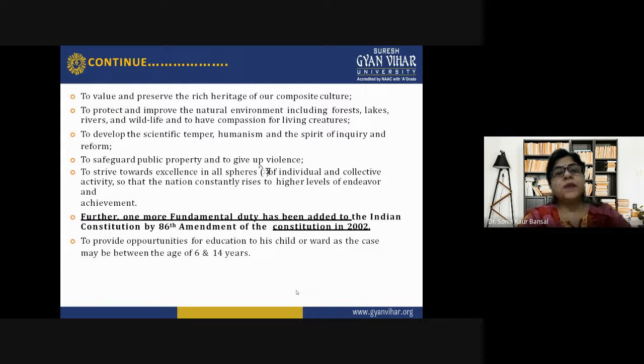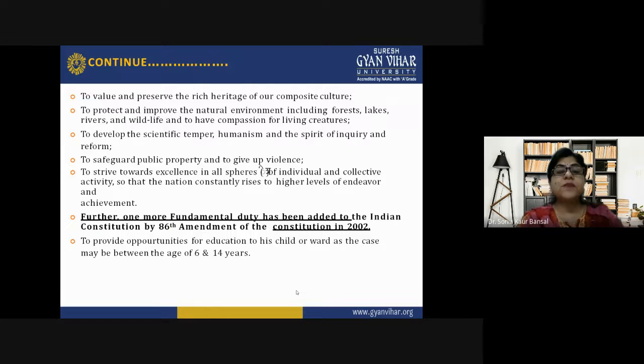It is also expected from Indian citizens to value and preserve the rich heritage of our composite culture, and also to protect and improve the natural environment, including forests, lakes, rivers, and wildlife, and to have compassion for living creatures.